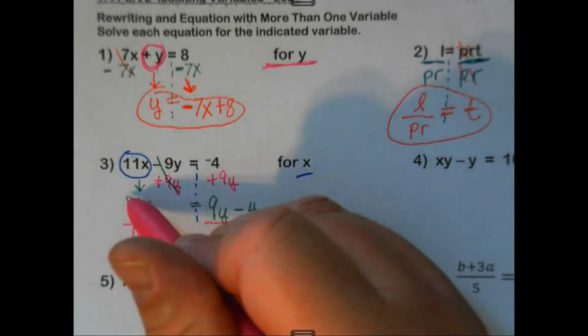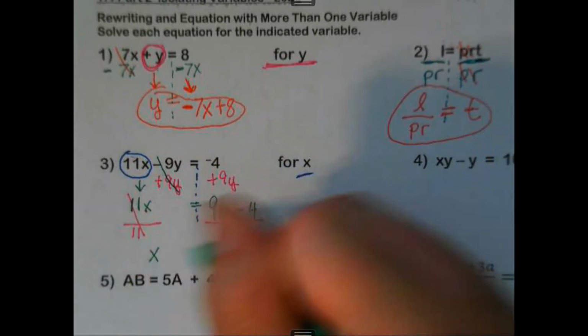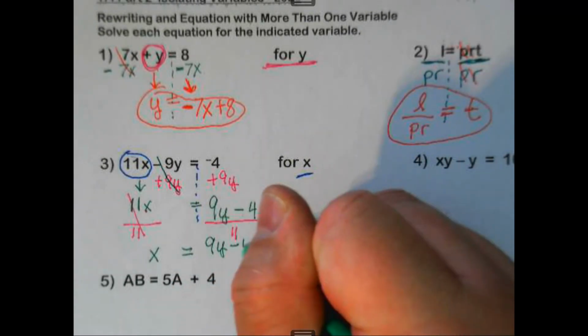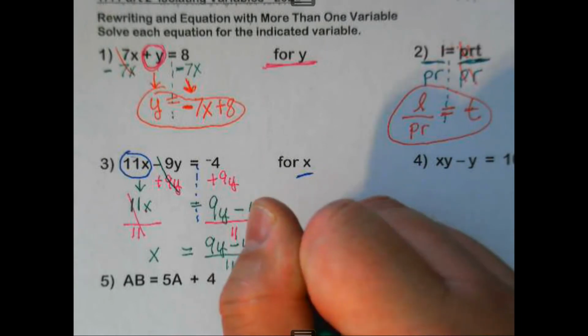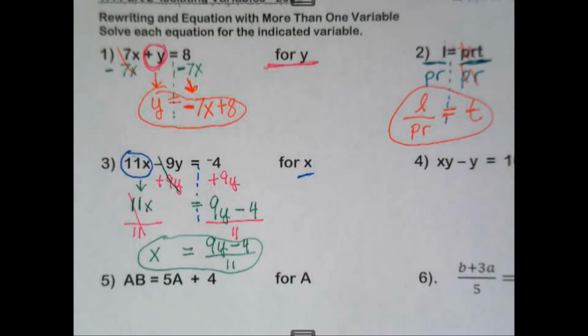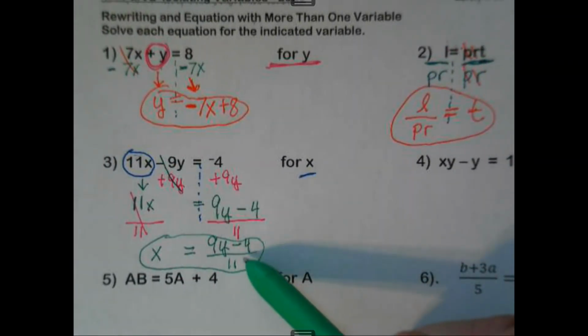These cancel, and I get x equals 9y minus 4, all divided by 11. Again, I don't care how ugly this side looks, as long as I have that x isolated.